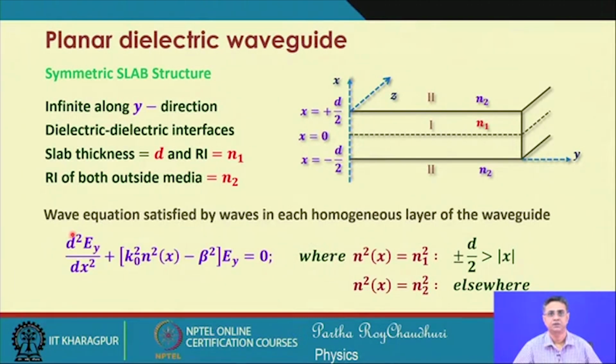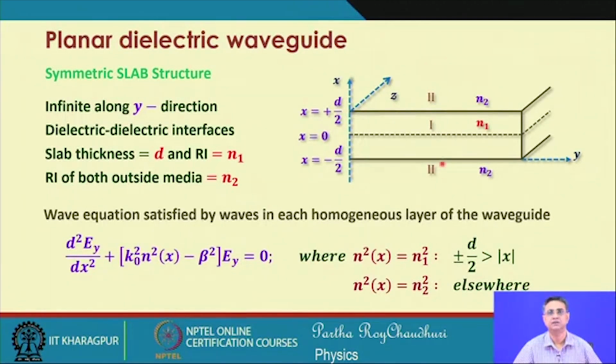In this case, the wave equation satisfied by the waves propagating through the structure in each homogeneous layer of the waveguide is given by this Helmholtz equation. We consider the TE mode. Therefore, Ey is the electric field component which is non-vanishing, and Hx and Hz will also be associated with it.